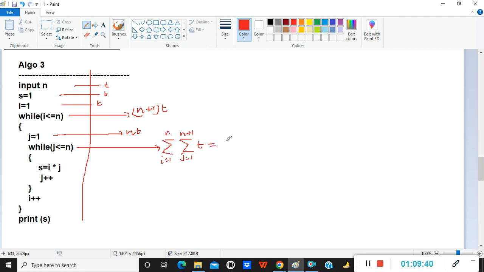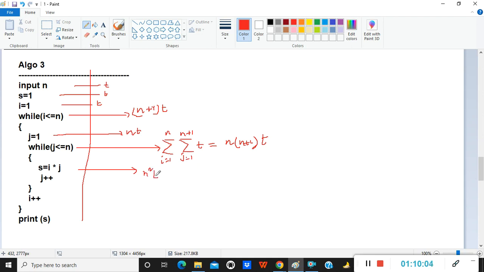So ultimately it will give you n into n plus 1 times t. Sorry, it is again a nested loop, so this will be n into n t.